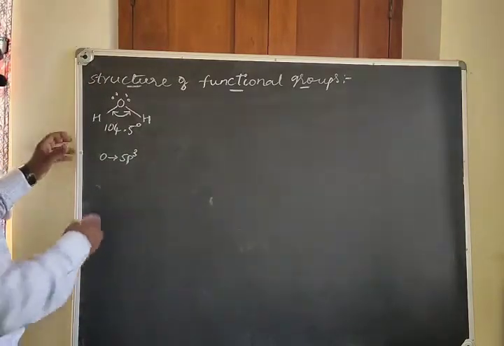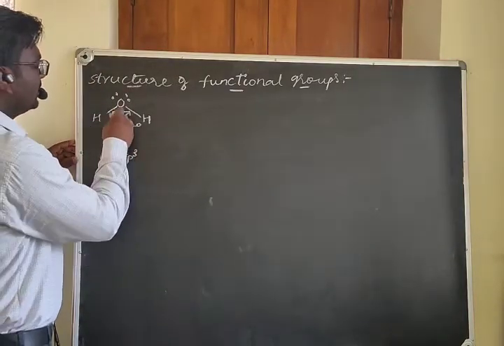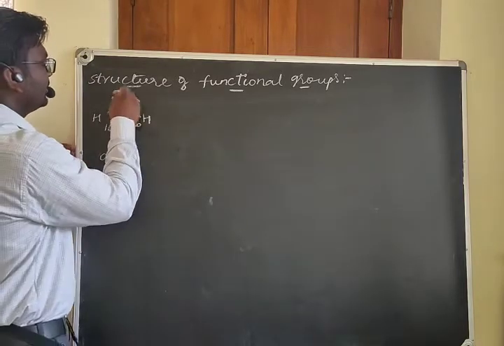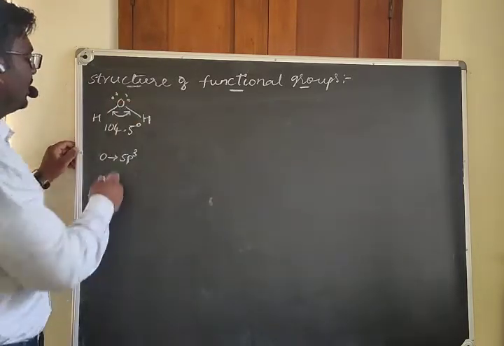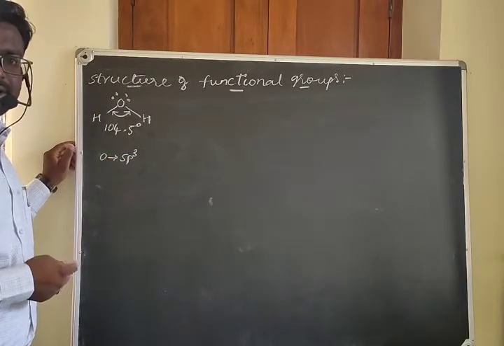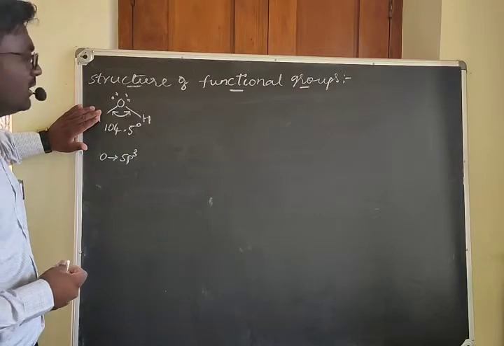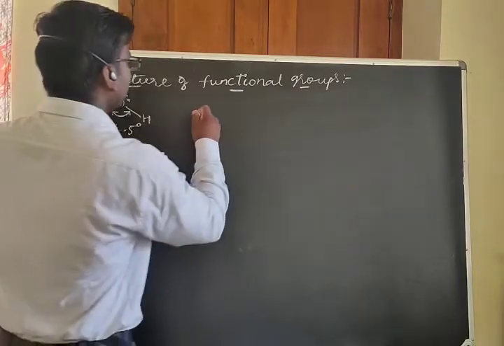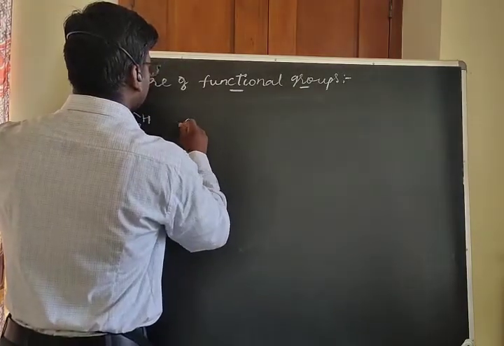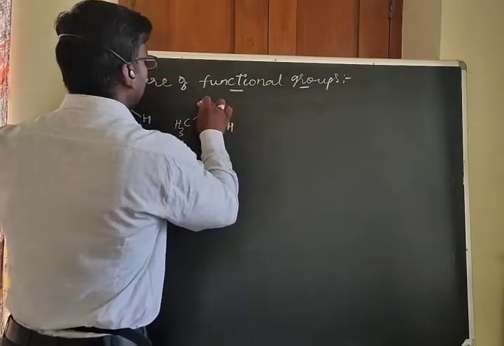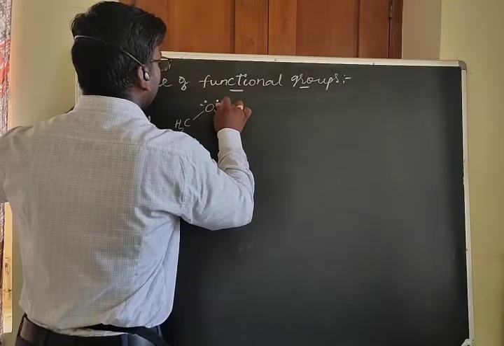In water you can see the bond angle is 104.5 degrees and the oxygen has 2 lone pairs of electrons, and its hybridization state is sp3. Let us replace the hydrogen of this water with an alkyl group. You will get alcohol, that is CH3OH, and oxygen is bearing the lone pairs of electrons.